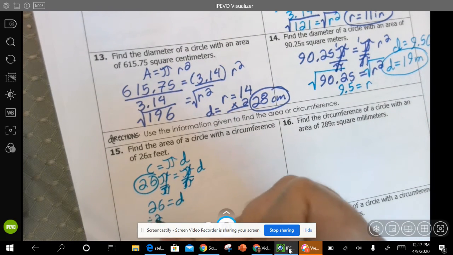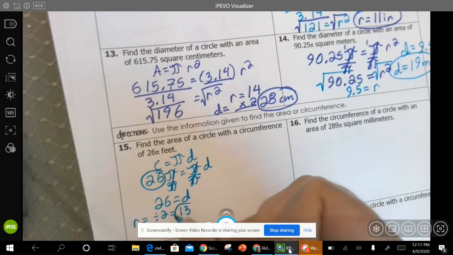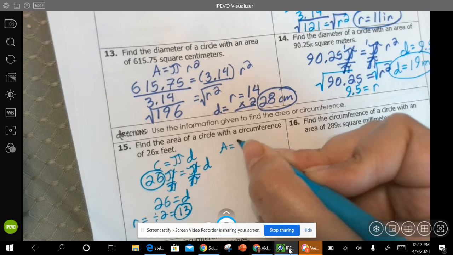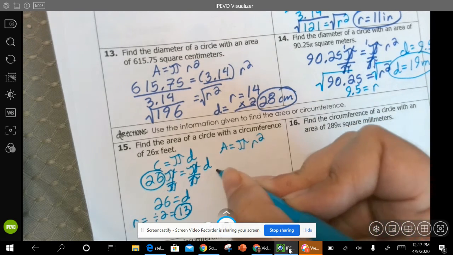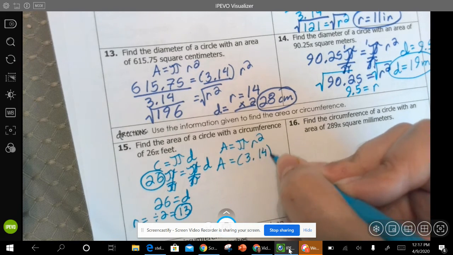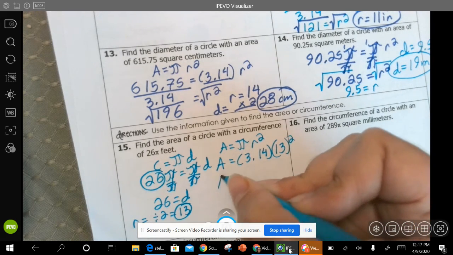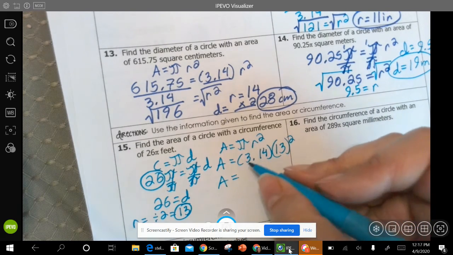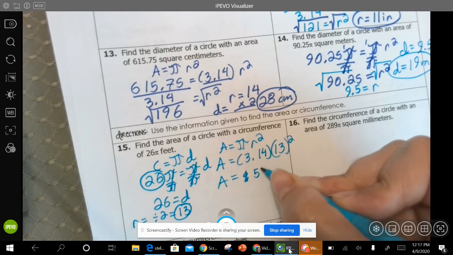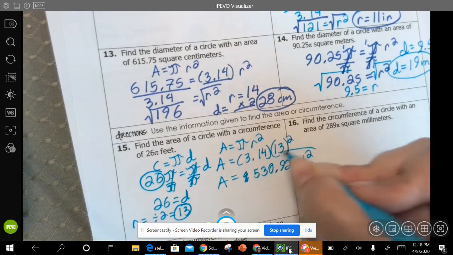Divide that by 2 for the radius, and we get 13. Now I can find the area. Remember, area is equal to pi r squared. So I substitute that in: 3.14 times 13 squared. And we get that the area is approximately 530.93 feet squared.